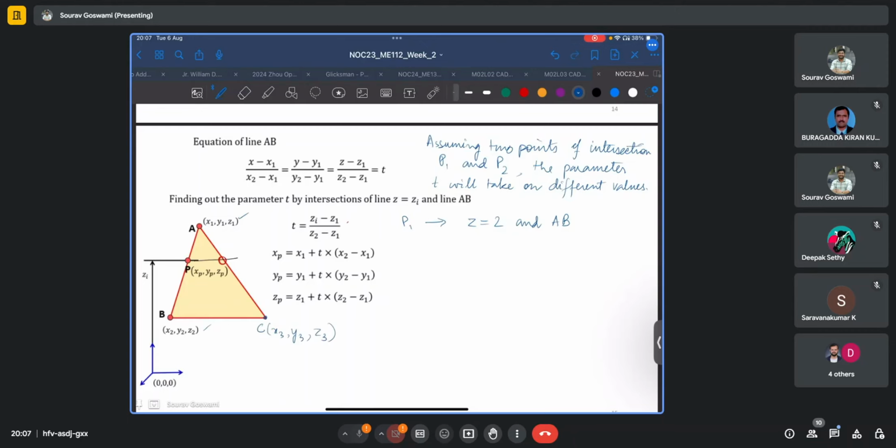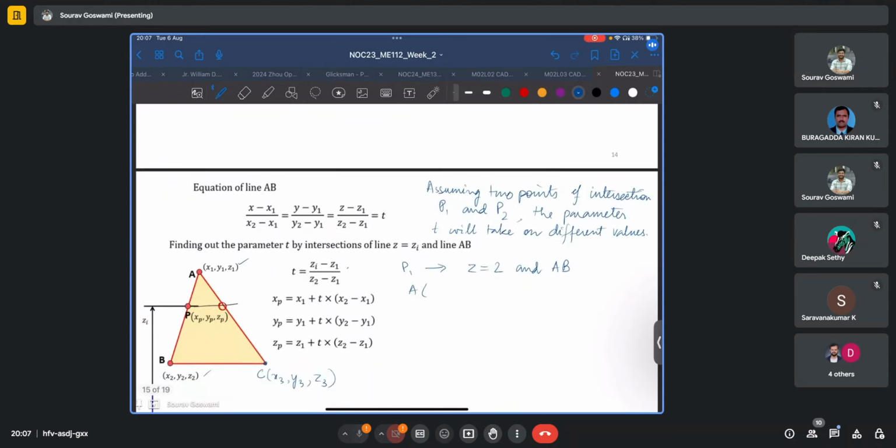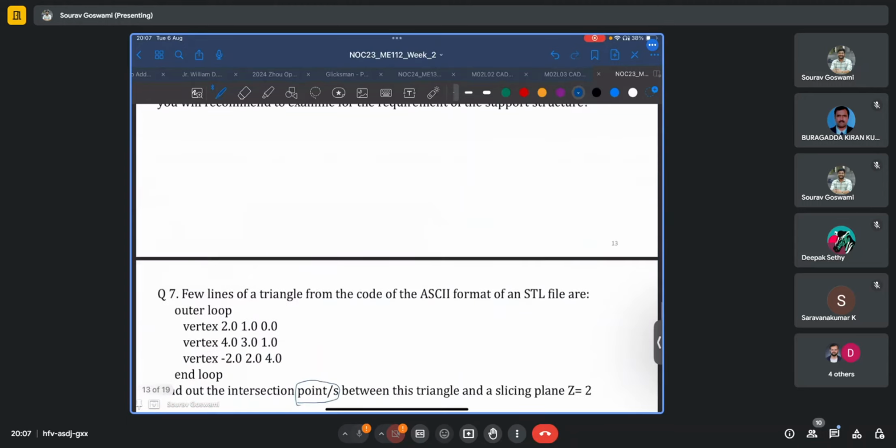A has the coordinates 2, 1, 0, and B has 4, 3, 1.